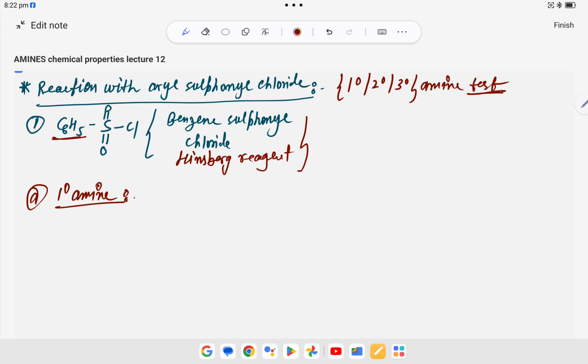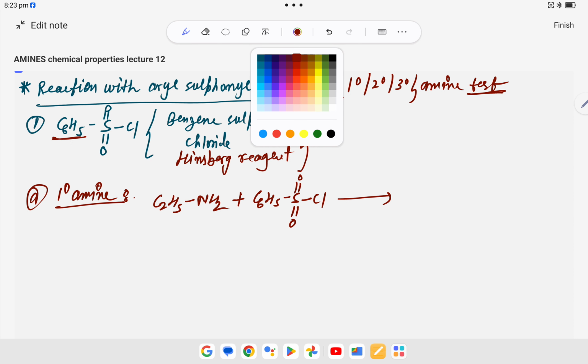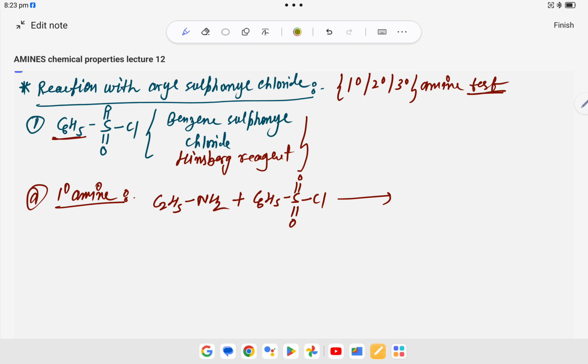For 1 degree amine, C2H5NH2 reacts with benzene sulphonyl chloride, C6H5SO2Cl. Then what is the product? Think about it. This sulfur is positive because the more electronegative oxygen and chlorine are attached, and the nitrogen has a lone pair.